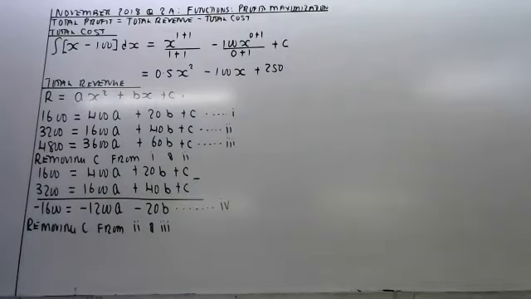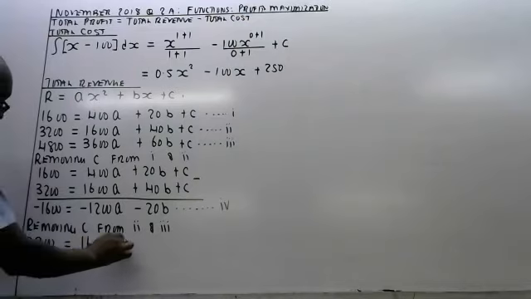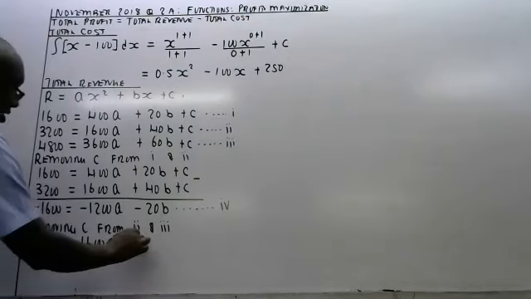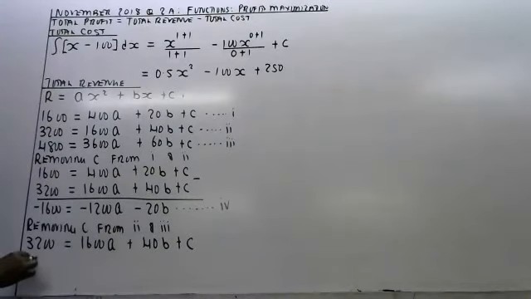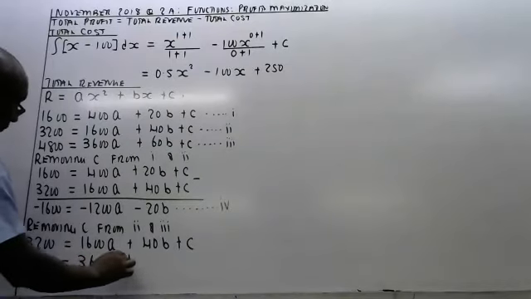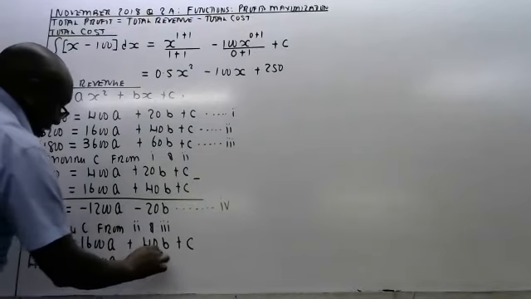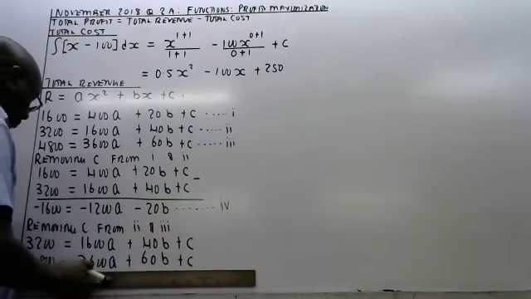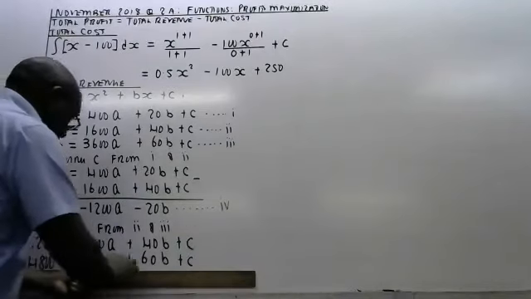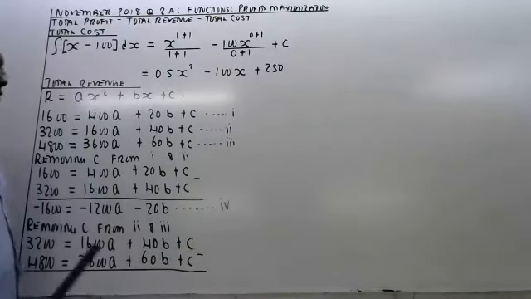Equation 2 and 3, I will have that 3200 being equal to 1600A plus 40B plus C. And then 4800 being equal to that 3600A plus 60B plus C. So you subtract.